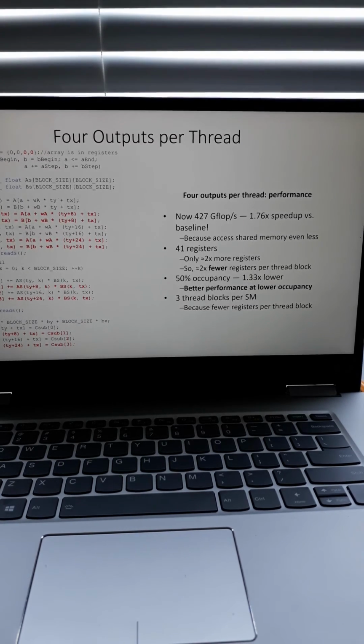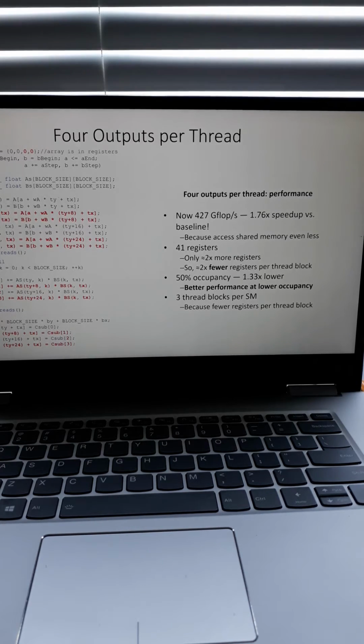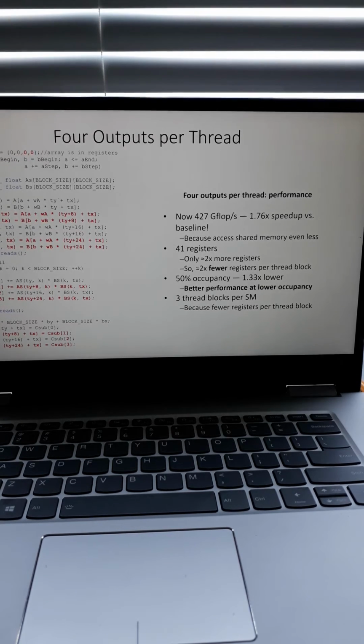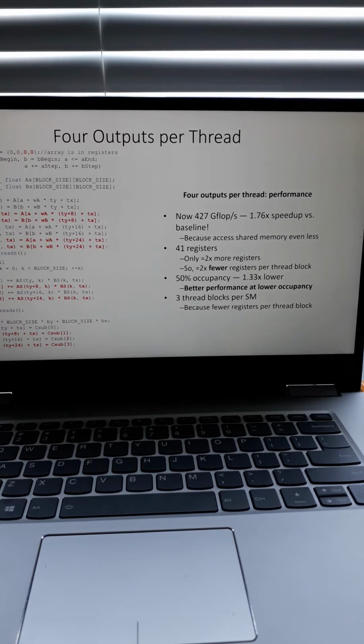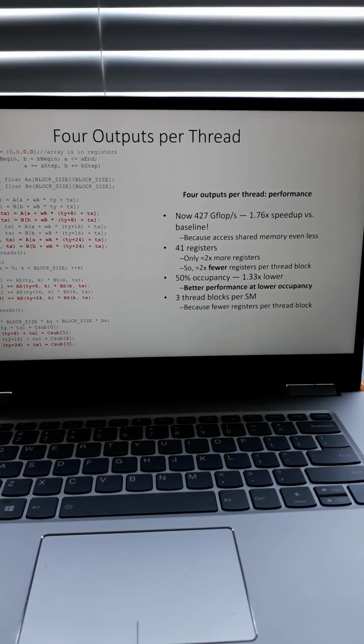If we are accessing tx, we are also accessing plus 8, the 16th, and the 24th positions also. And similarly we are assigning the output values in the output matrix at the original position, plus the positions ty plus 8, ty plus 16 and ty plus 24. So now we have 4 outputs per thread.